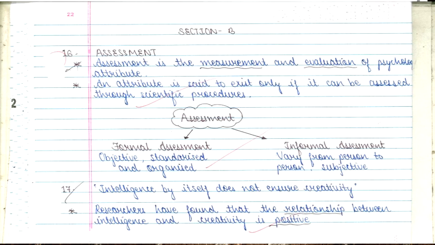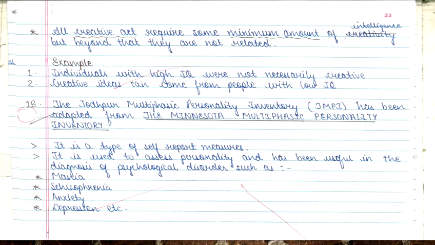Let us see in the next page she must have mentioned. Okay, so the child has written like this, but you can also mention Terman's study, that is given in the marking scheme also, which I have. Sometimes examiners are very strict, so let us be very perfect.